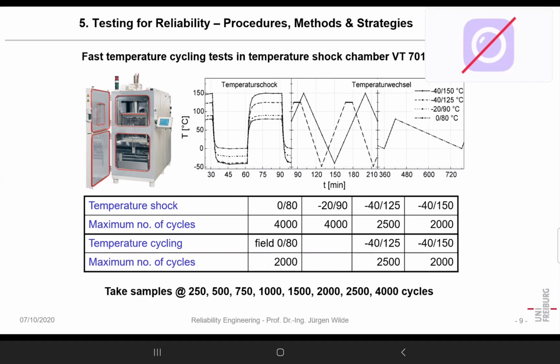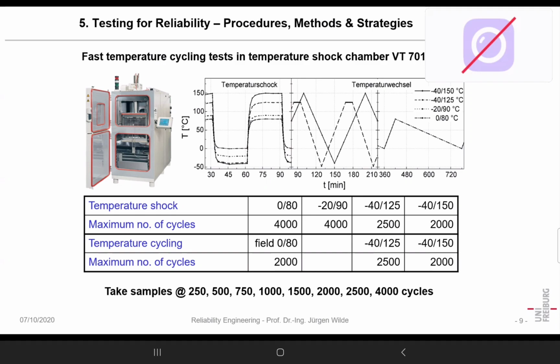So that's according to some ISO standard, it's called temperature shock. When you go to JEDEC standards and look at temperature shock, which is used for devices, it's something different. You have a hot bath, like a fondue bath, a hot oil or something like that.